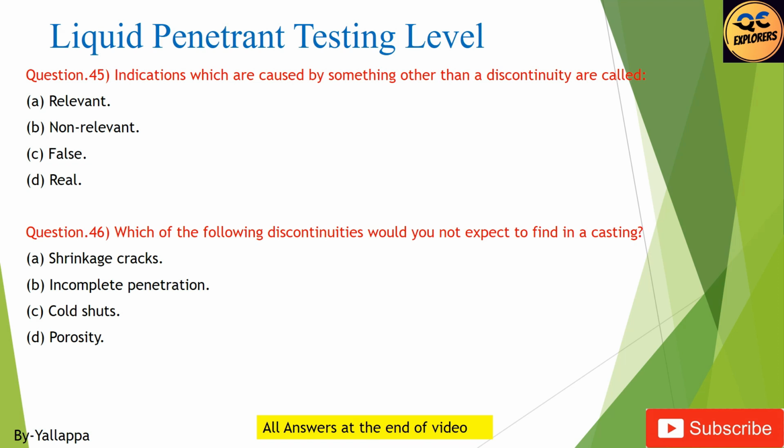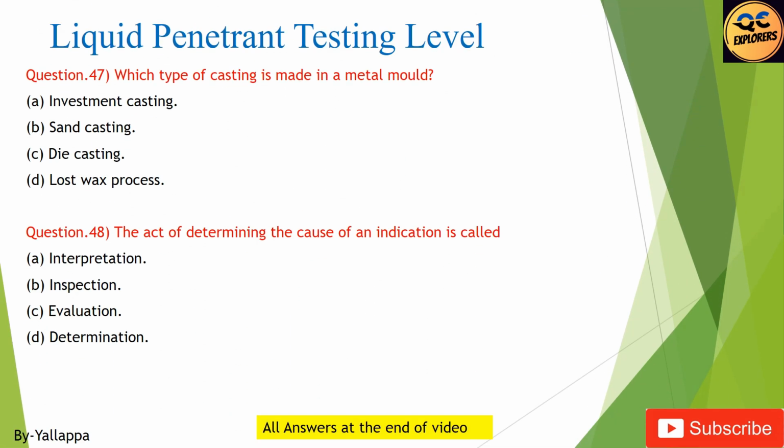Question point 46. Which of the following discontinuities would you not expect to find in a casting? Shrinkage cracks, incomplete penetration, cold shuts, porosity. Question point 47. Which type of casting is made in a metal mold? Investment casting, sand casting, die casting, lost wax process. Question point 48.